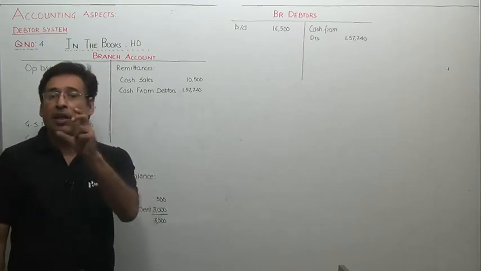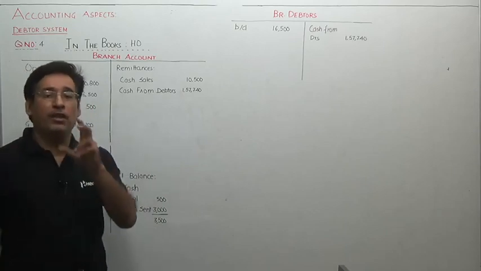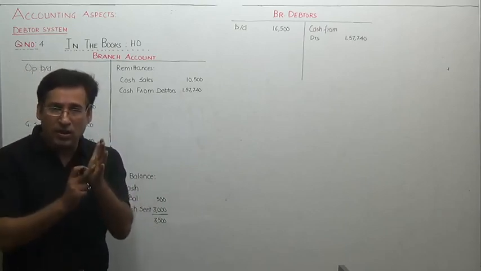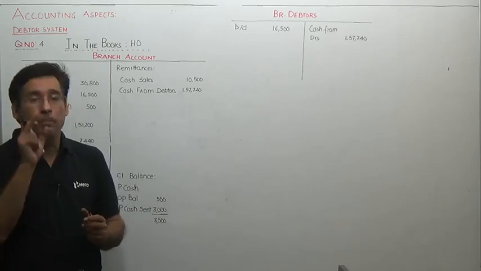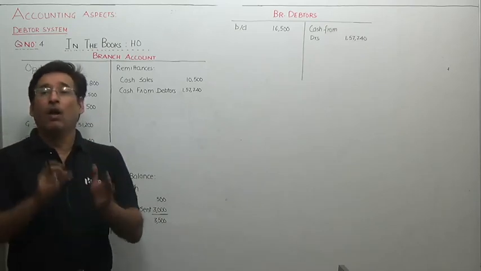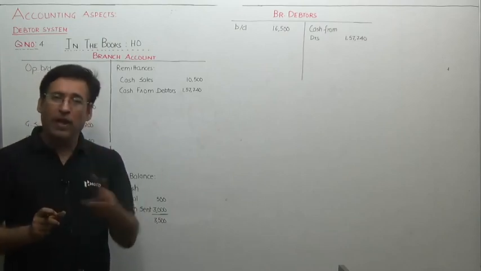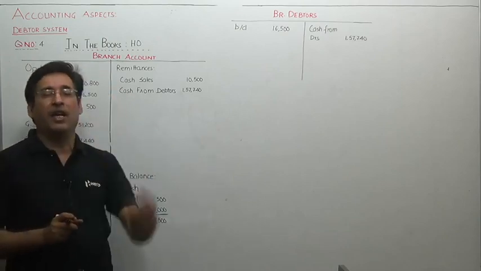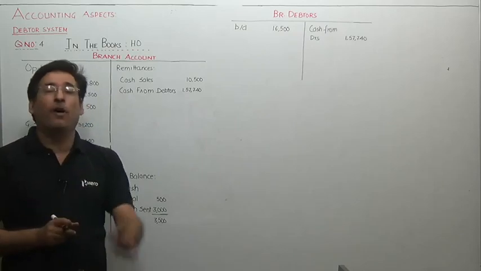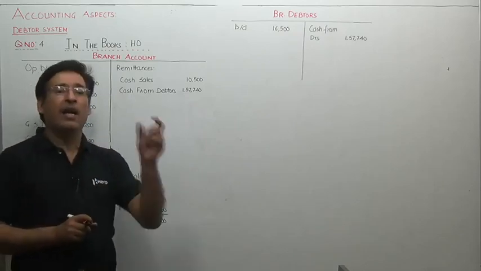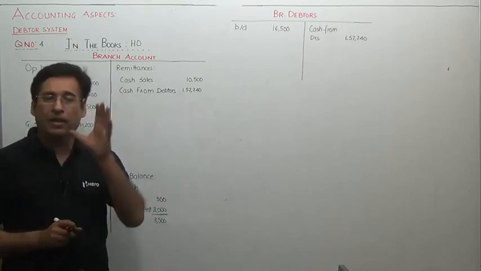Now there is a slight difference between branch expenses and branch manager's expense. Branch expense is a term for which head office will always send the cash. Is it clear? For branch expenses, head office will always send the cash.